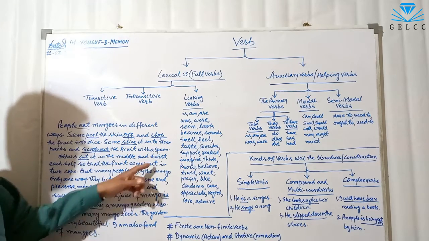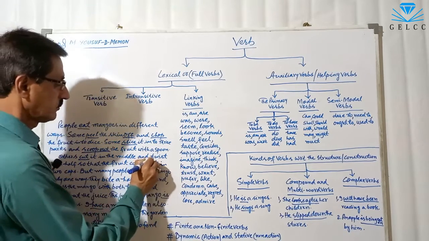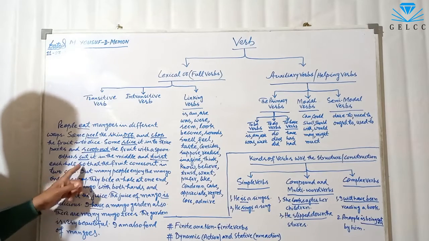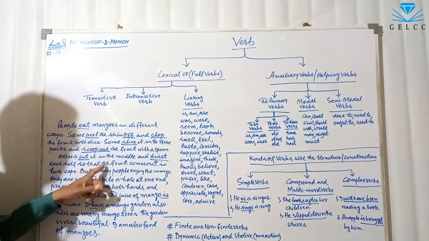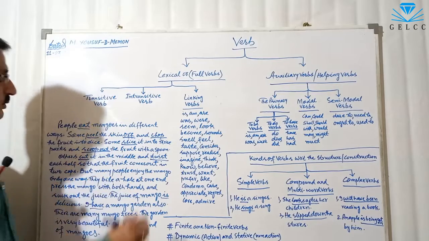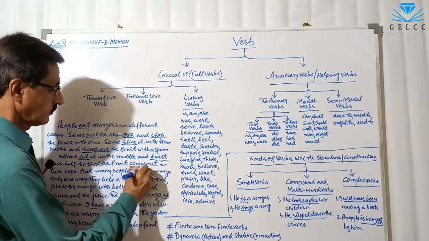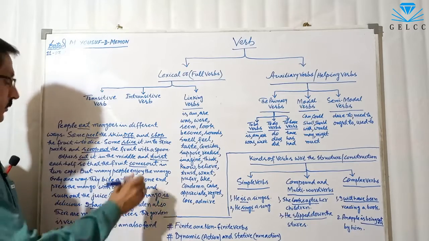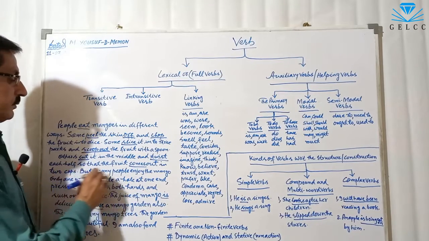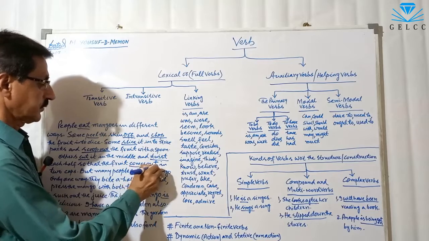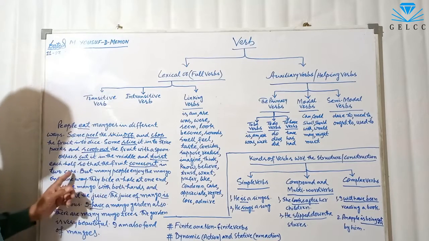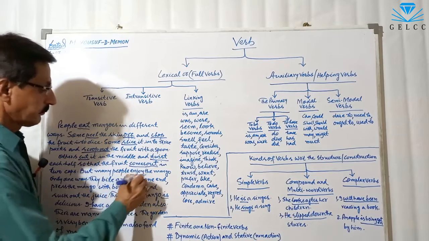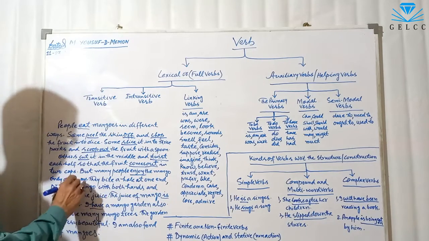In the middle and twist. Twist is a verb. And twist each half so that the fruit comes out. Comes is a verb. Comes out in 2 cups. But many people enjoy the mango only one way.